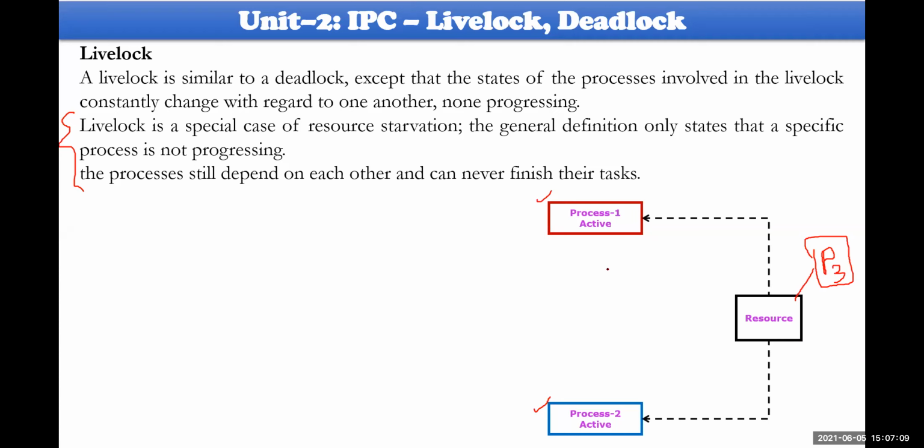Now, what is the quarrel between process 1 and process 2? They are thinking: whether the other process is active or not. If the other process is not active, then I will take hold of this particular resource. That is the thinking of this particular process.